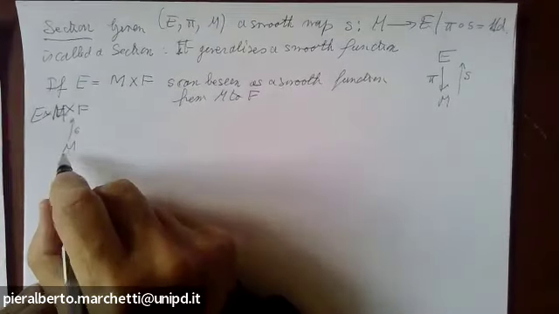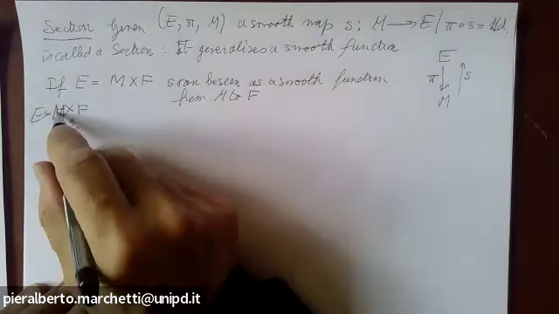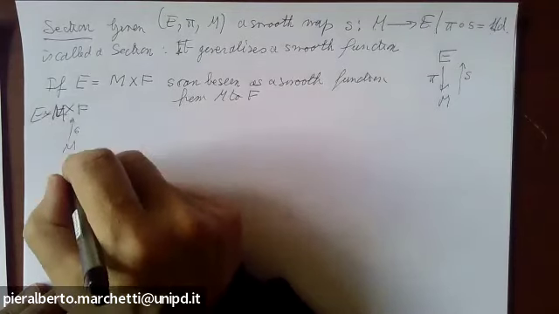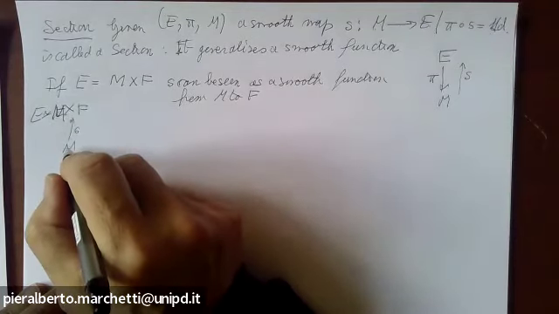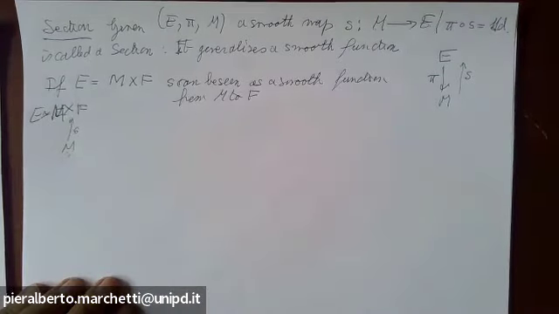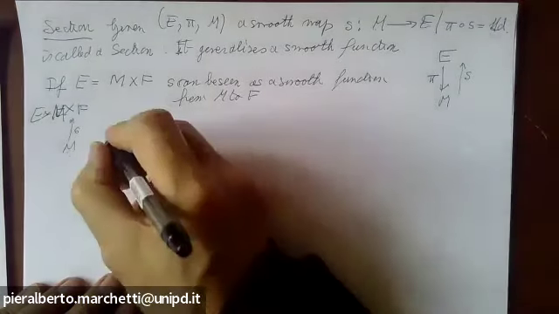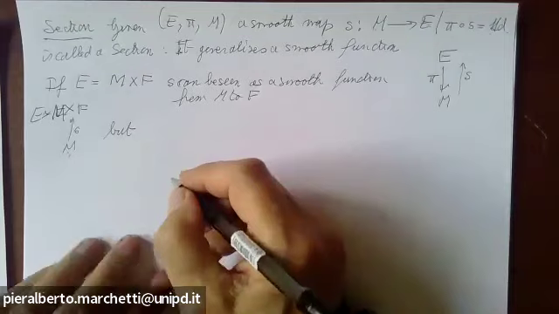And so there is one point which is mapped into itself here, so you get no information, so it's just basically a map from M to F. But suppose you consider the Möbius strip.